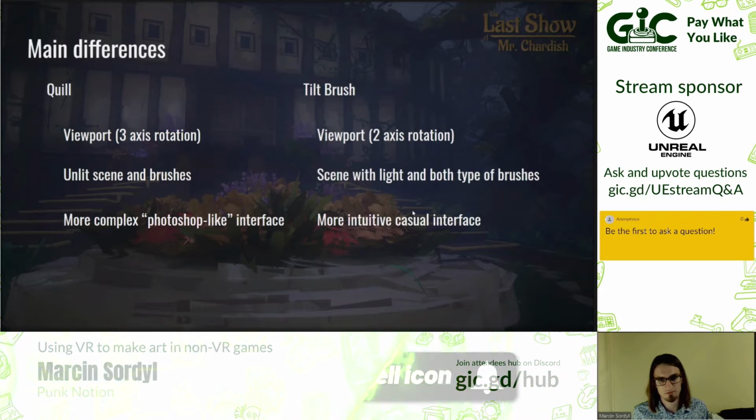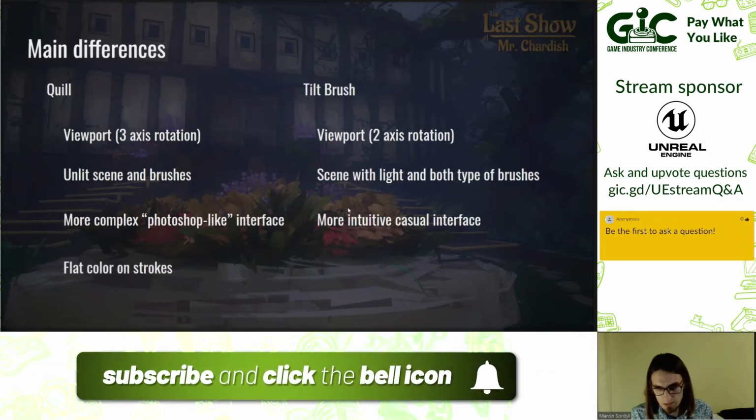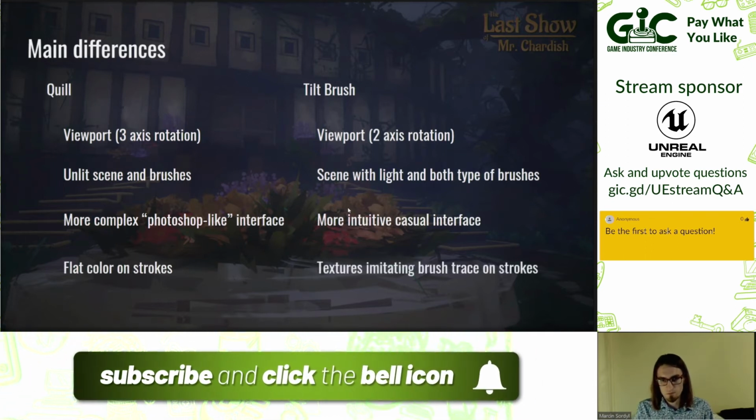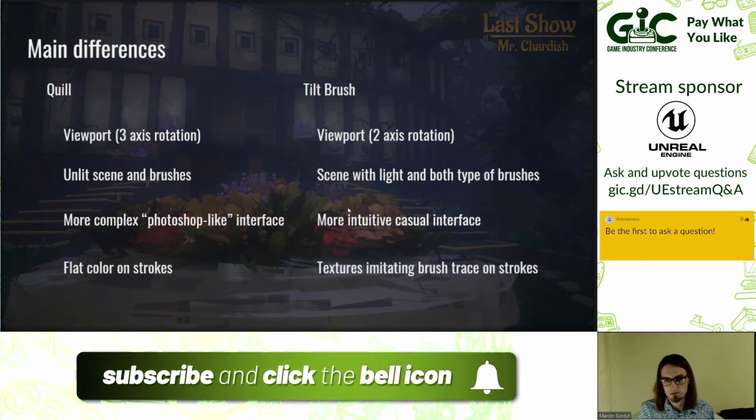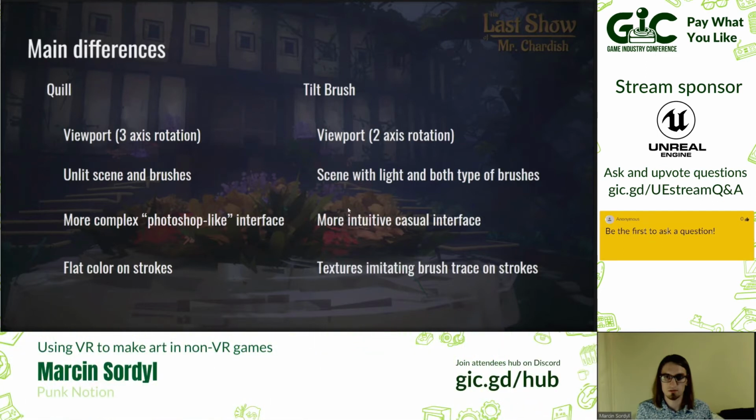Okay, so next, different kinds of strokes. That was the difference between Quill and Tilt Brush, because in Quill there were pure flat colors, because in both of these software, by the technology, the colors are saved in the vertex. It's just vertex color.